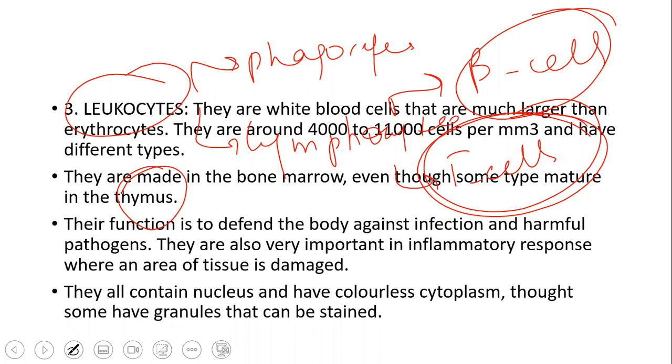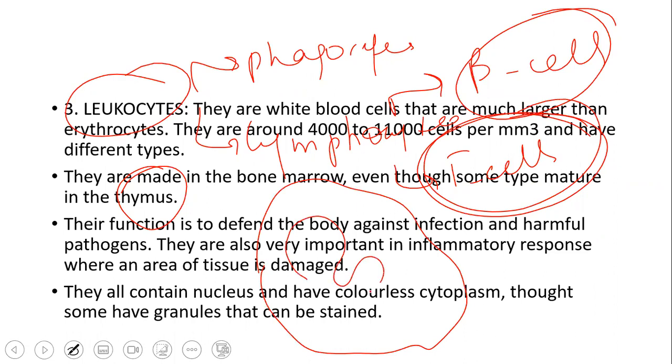Your B cells and your phagocytes will all stay in the bone marrow and mature in the bone marrow. But T cells are going to go to your thymus instead, and that is where they're going to mature. When you are talking about the structure, first of all, your phagocytes generally have a large shape and the nucleus is lobed.